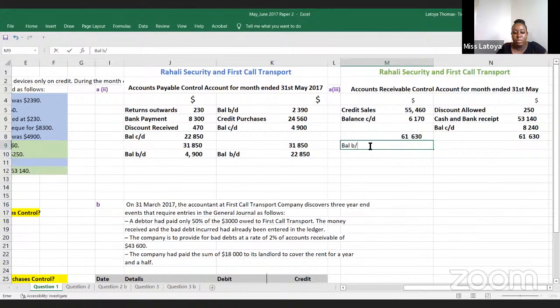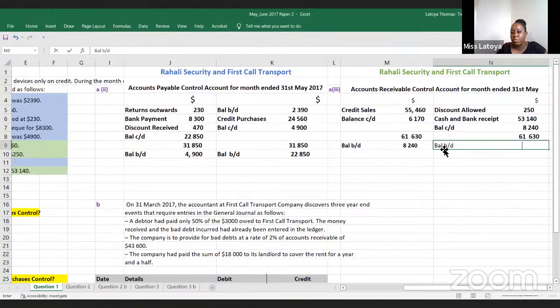So now let's bring down our balances. Balance brought down on this side is going to be 8,240. Our balance brought down on the other side is going to be 6,170.